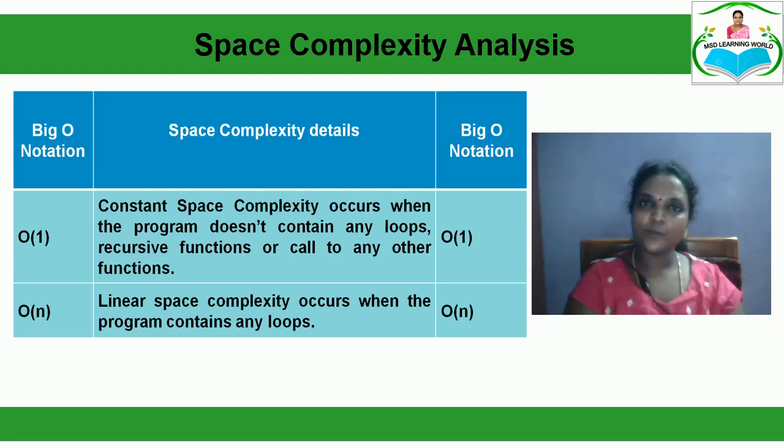Whereas whenever your program contains data structures like arrays and lists, and contains several loops to execute and append the values of arrays, then your space complexity will become order of n.